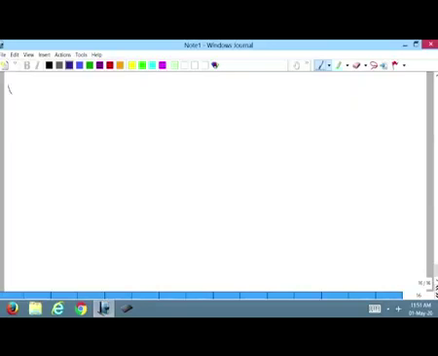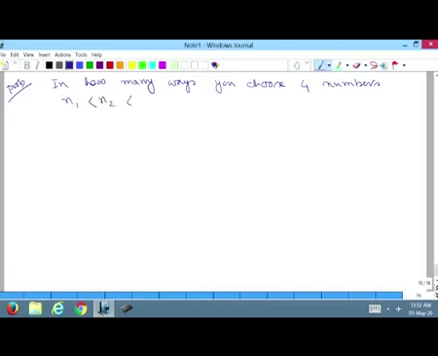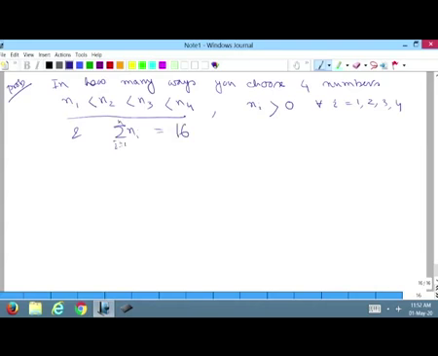So, the problem is, in how many ways can you choose four numbers n1 less than n2 less than n3 less than n4, that is, they are all distinct, with n_i greater than 0 for all i equal to 1, 2, 3 and 4, and the sum of n_i from 1 to 4 is equal to 16. So, that is the problem.